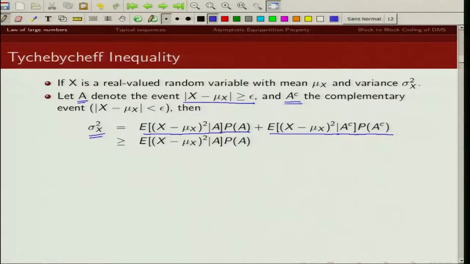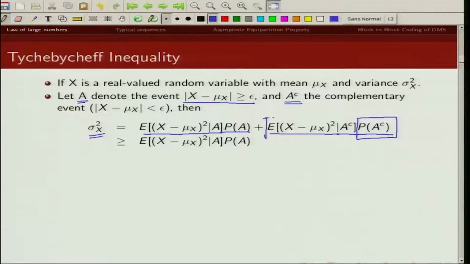Now look at these quantities separately. What is the probability of this complementary event? This is a probability, so it is a number between 0 and 1, and this is the expected value of (X minus mu_x) square given the complementary event of A.